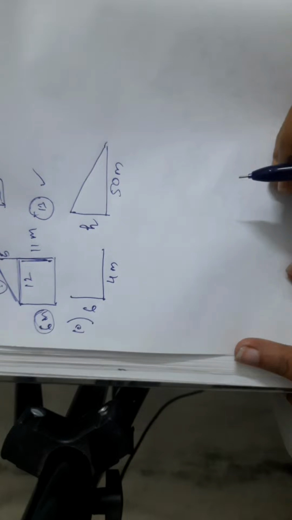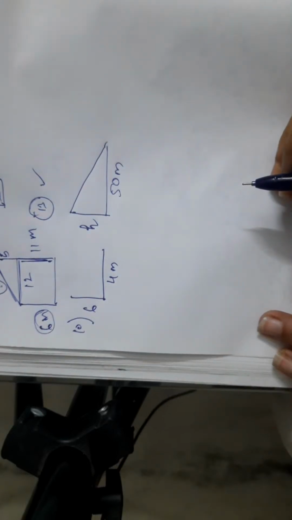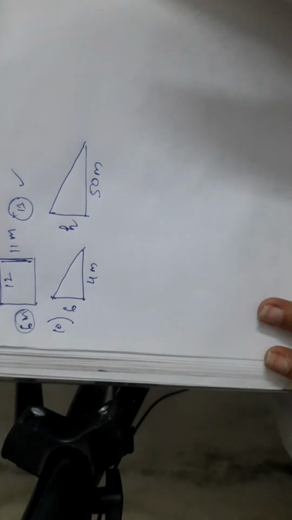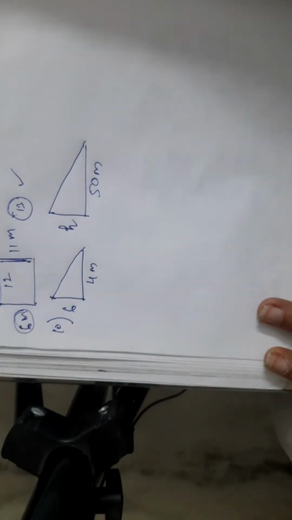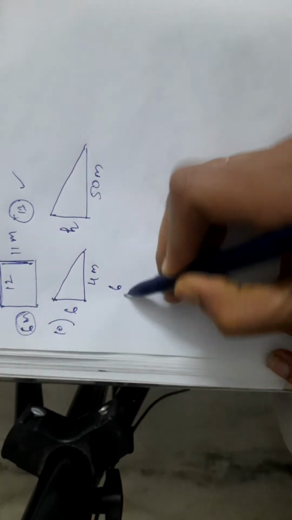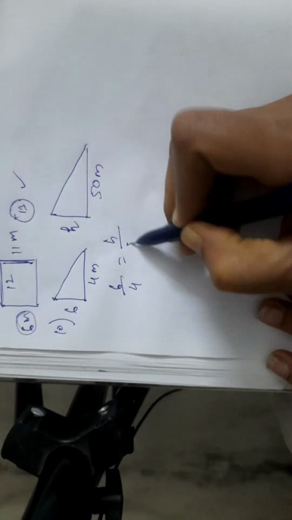You need to find the height of the flagpole. By similarity of triangles, we are going to calculate this. Both triangles are similar by RHS, so the relationship will be 6 upon 4 equals h upon 50.